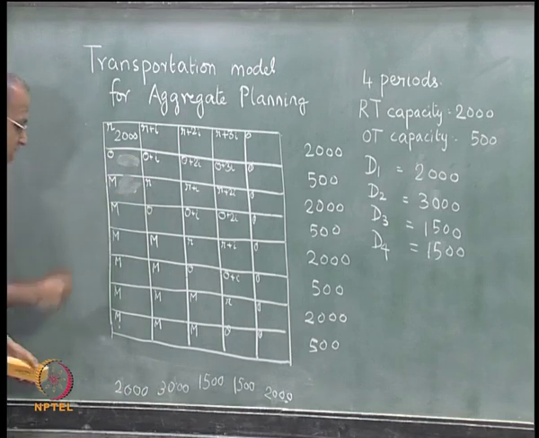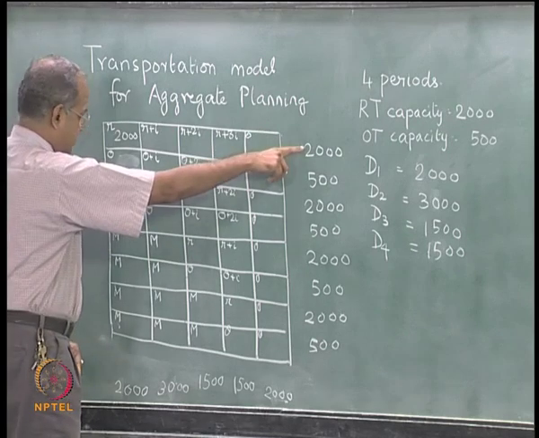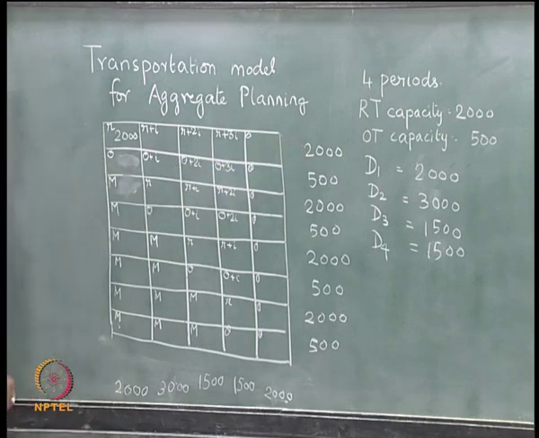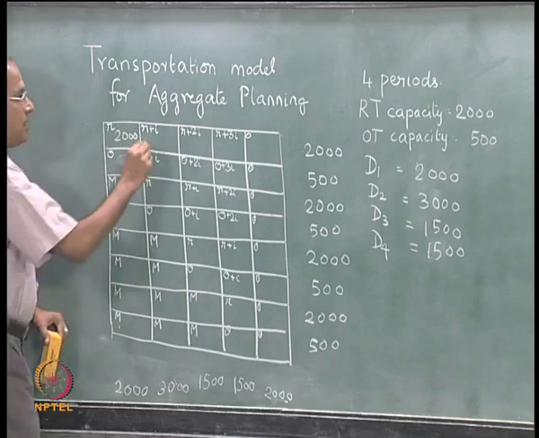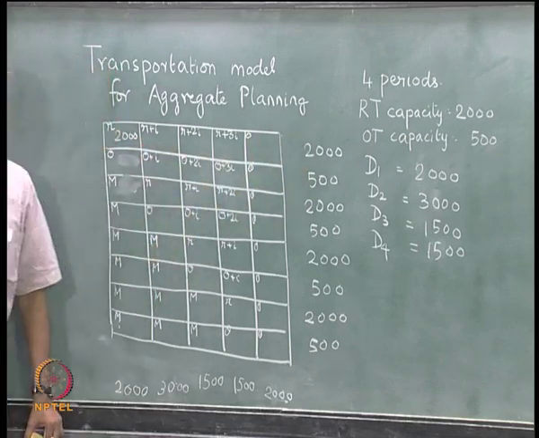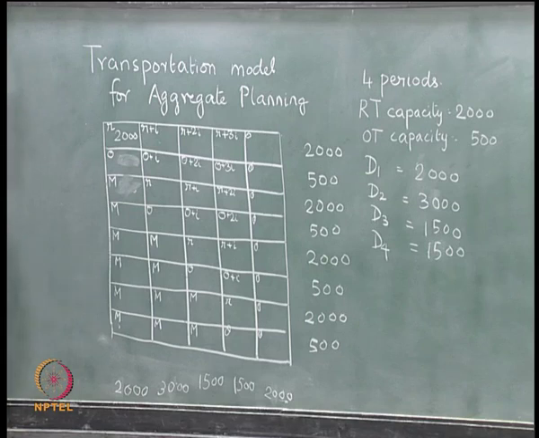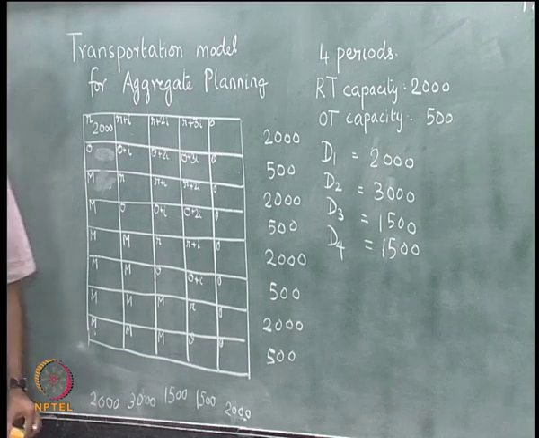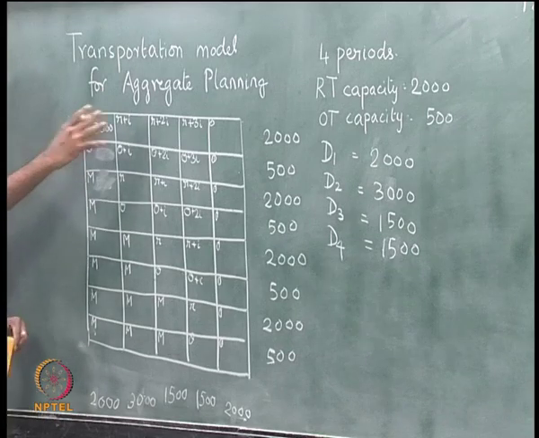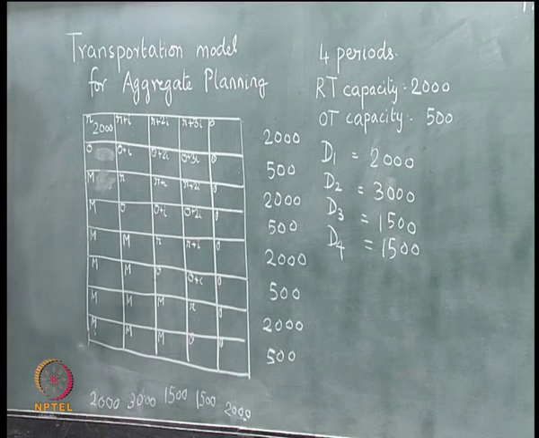So, now if we apply the northwest corner rule, we have 2000 here, we have 2000 here. So, we will use up all the 2000 here. So, this will go and this will also go. In fact, let me also make a very minor change in the data, so that we can show a few more things as we move along.